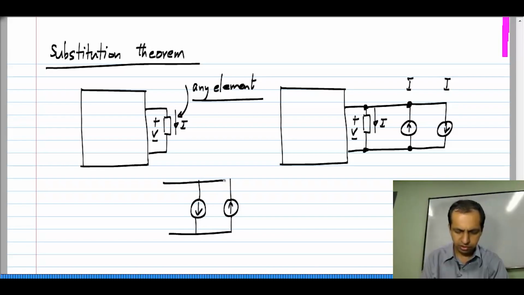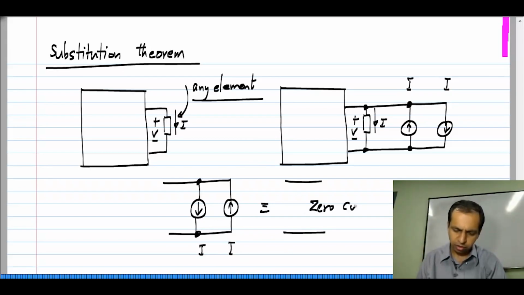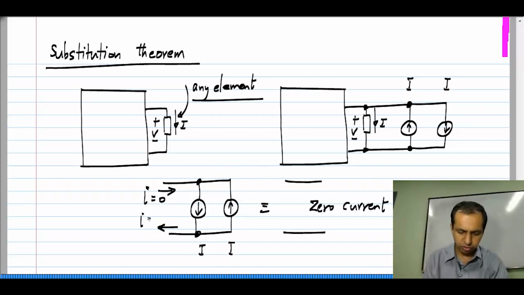If I have this, both being I and I, then this is equivalent to an open circuit, because whatever current comes in here goes that way and goes that way. So, the current here is 0 as is the current over there. So, it is really an open circuit.